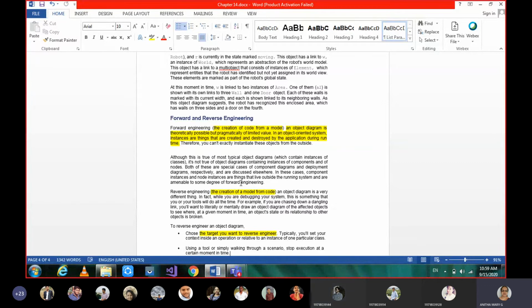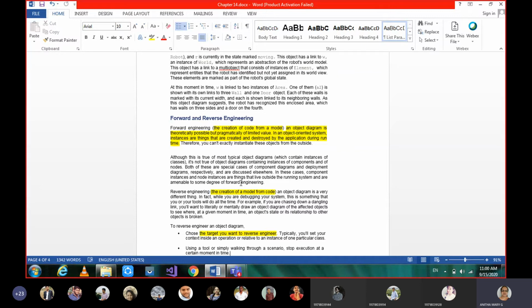Forward engineering means whatever diagram you are drawing, for drawing the diagram we have some tools. After you draw the diagram using that tool, that diagram can be mapped for coding. So from a model you can generate code, all the abstract code you can generate. That is what actually happens in the analysis phase in the industries.